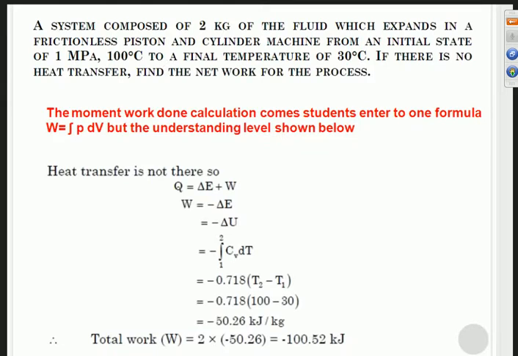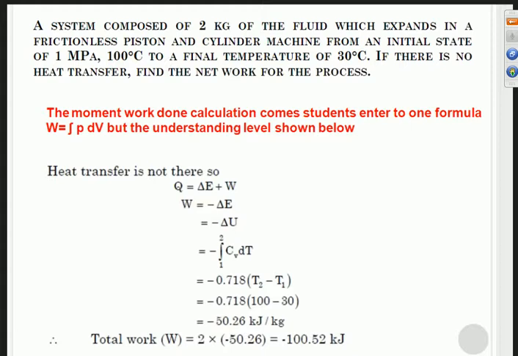Say a system composed of 2 kg of fluid expands in a frictionless piston and cylinder machine from an initial state of 1 megapascal, 100 degrees centigrade, to a final temperature of 30 degrees centigrade. If there is no heat transfer, find the net work for the process.